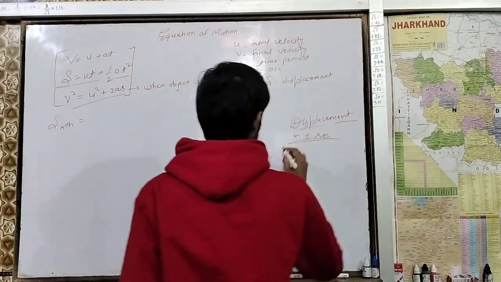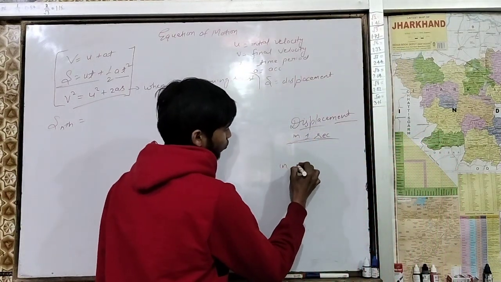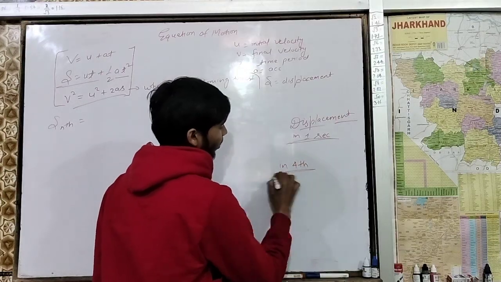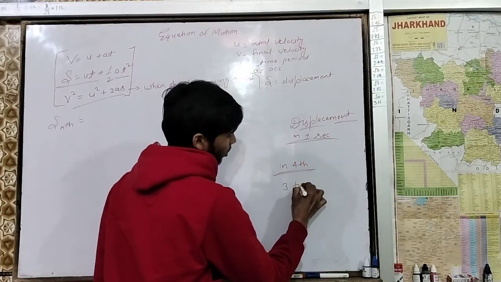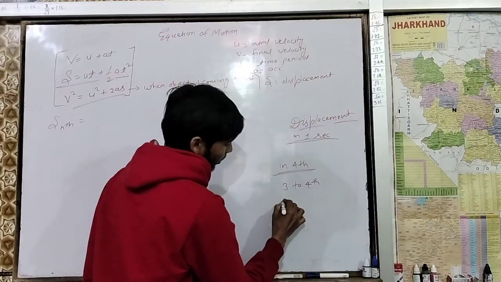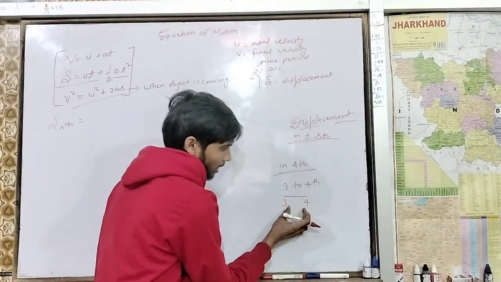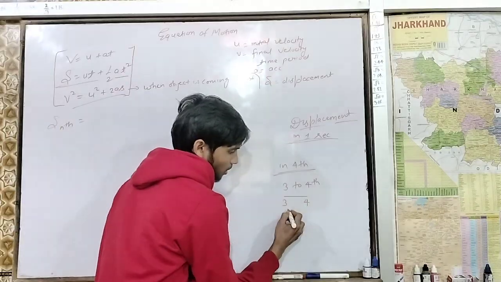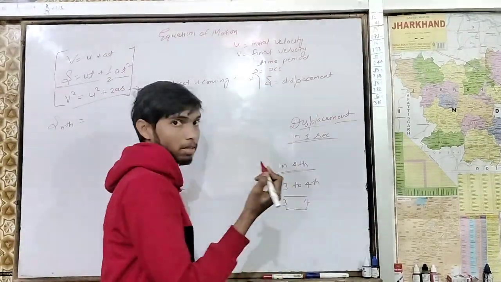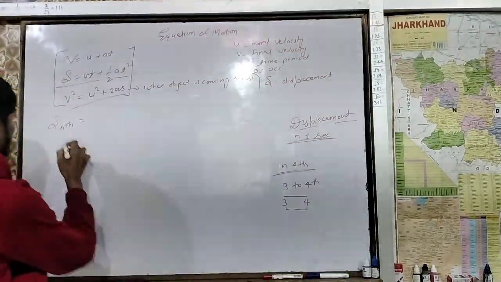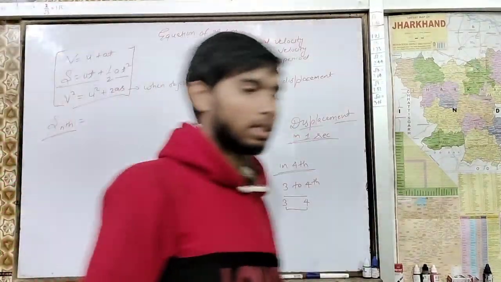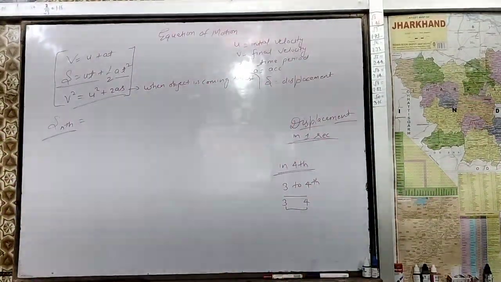For example, if the question says in the fourth second, you will understand that it is between 3 and 4. Between this second, what is the displacement? For this, we will use this formula. This was the meaning of the nth second.